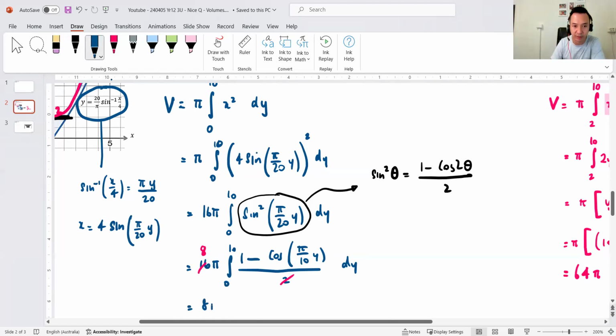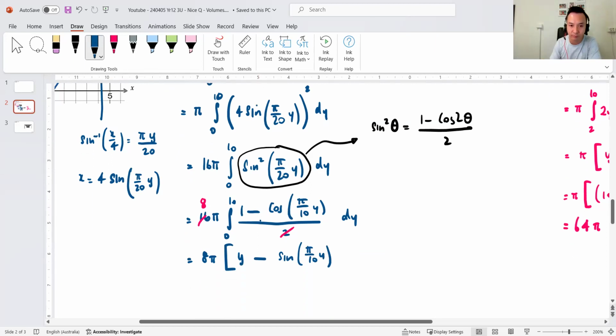So it'll be 8 pi, the integral of y minus, now integrating cos gives positive sine pi on 10 y divided by pi on 10, with the limits of 10 and 0.